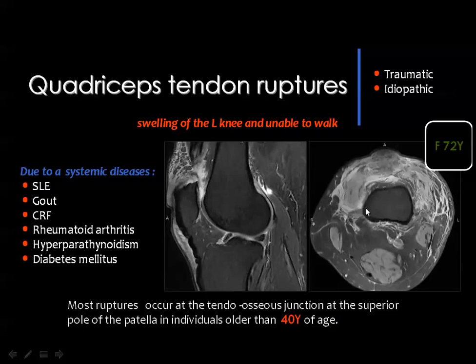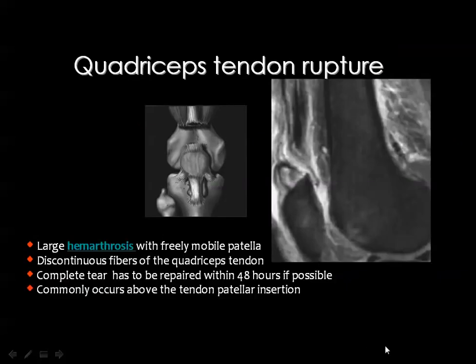Also, you can see the soft tissue edema and the contusion surrounding the tendon. Another example of quadriceps tendon rupture, at its usual site, which is the attachment to the upper pole of the patella.